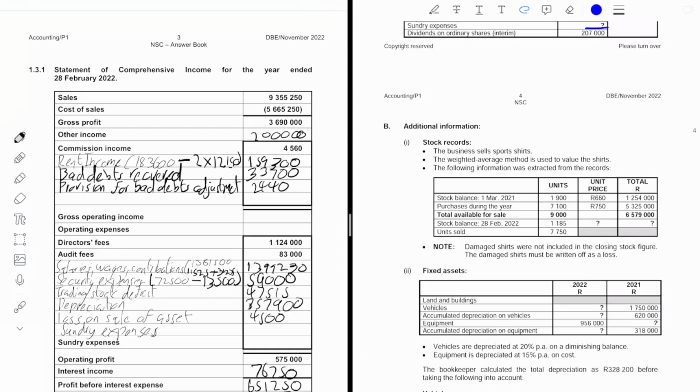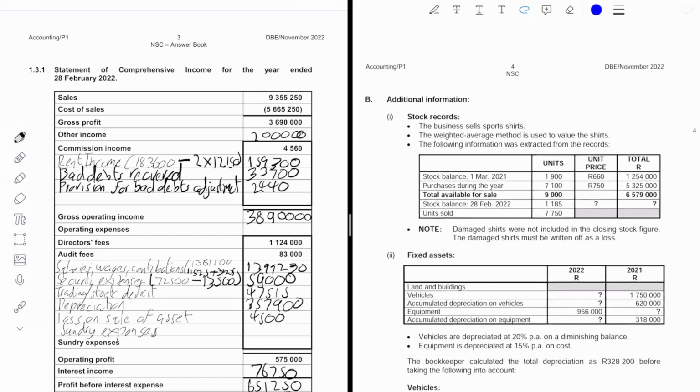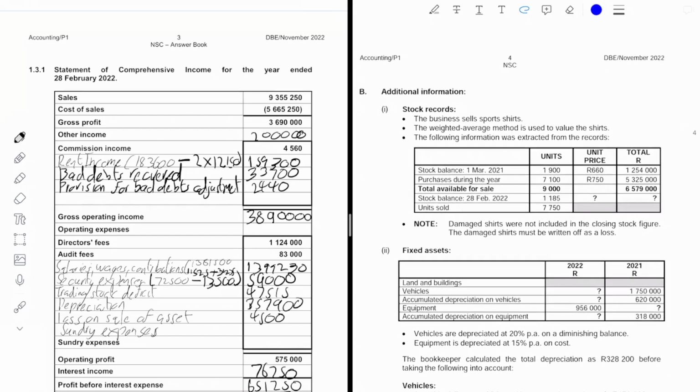So firstly, let's just compute our gross operating income, and that's just adding your gross profit and your other income, and that'll give you a figure of 3,890,000. And then if you work backwards here, you'll see that our operating expenses equal 3,315,000.